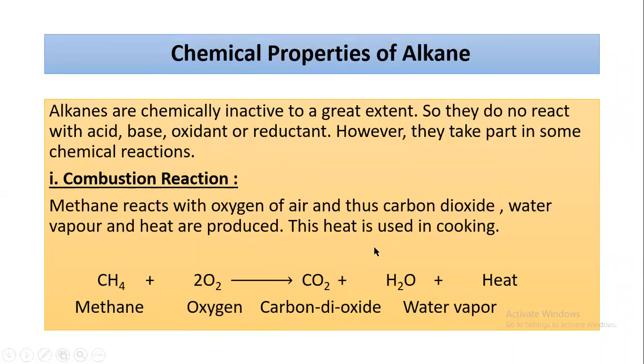This heat is used for cooking or different purposes. Remember, reaction with oxygen is called combustion reaction. In combustion reaction, heat energy is always produced. Here, methane reacts with oxygen. It means methane burns and produces carbon dioxide, water vapor, and heat energy.